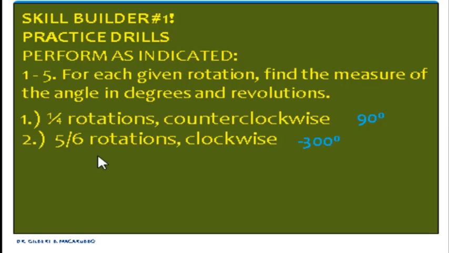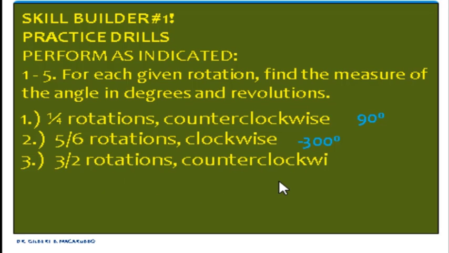Take note, 5/6 rotations is the same as 5/6 revolution. 3/2 rotations counterclockwise is a positive angle since it is a counterclockwise direction. 3/2 times 360 is simply equal to 540 degrees. Take note, 3/2 rotations is 3/2 revolution.